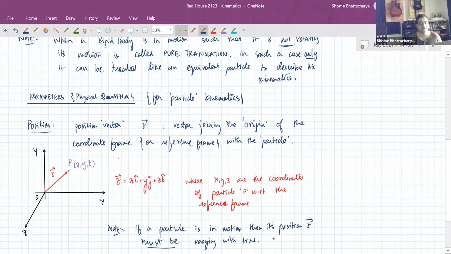So that becomes a definition of rest or motion. What is a particle at rest? One whose position vector is constant, it's not changing. What is a moving particle? One whose position vector is varying with respect to time. It could be that one of the coordinates is changing, or all three. But if the position vector is changing with time, then by definition it is in motion. If the position vector is constant, we describe that particle to be at rest.